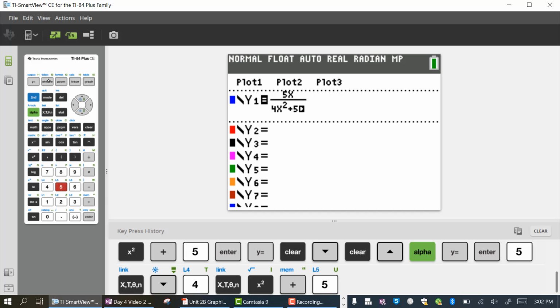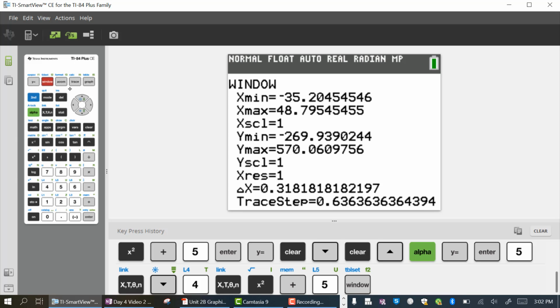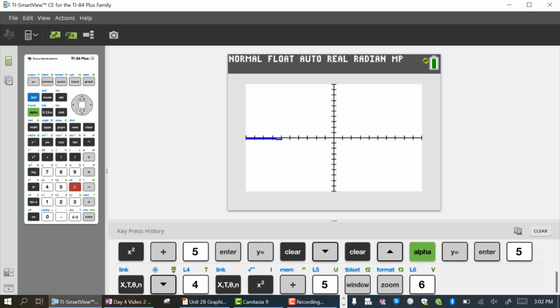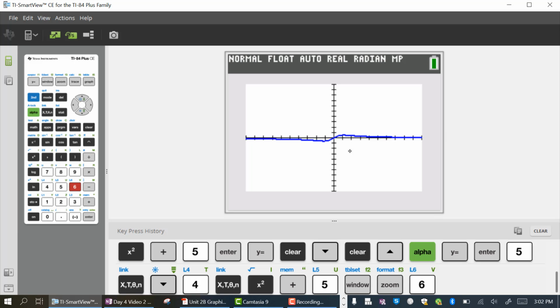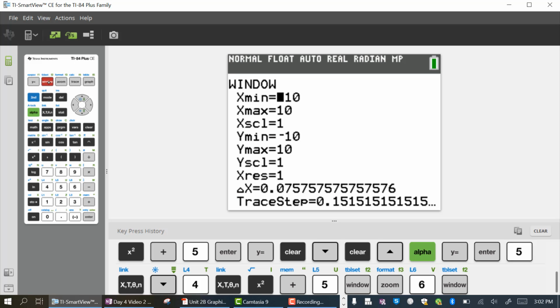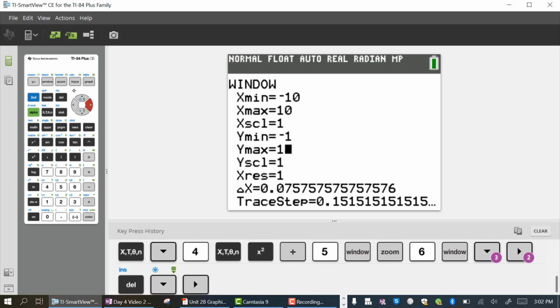And since we're talking about percentages, we're talking about anything less than 1. So let's just adjust our window to the standard. But I can see that I only really need this tiny part here. So I'm going to make my y a lot smaller. Make it -1 to 1. I don't even really need the -1, but.